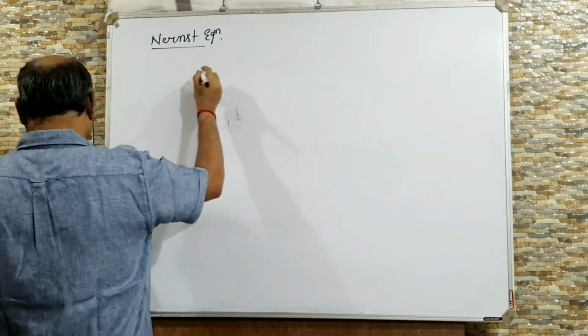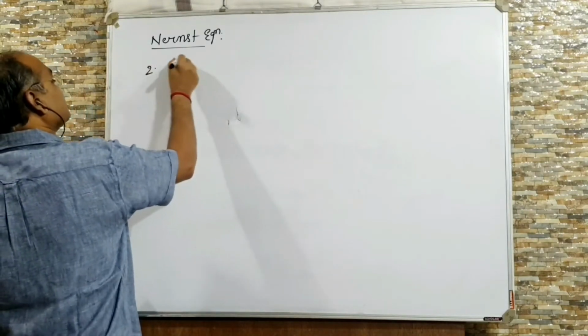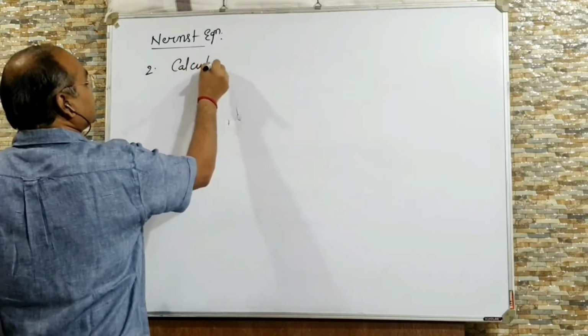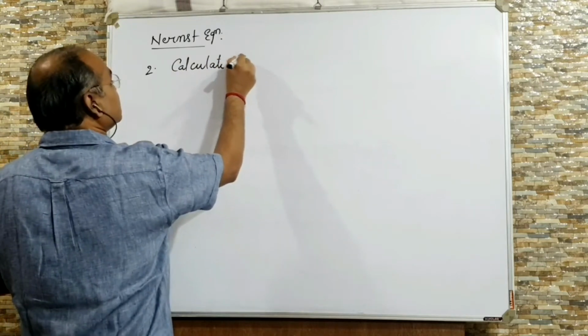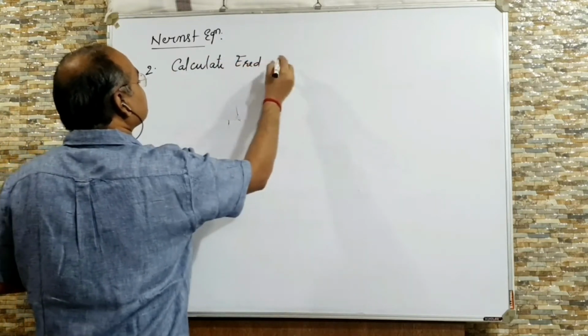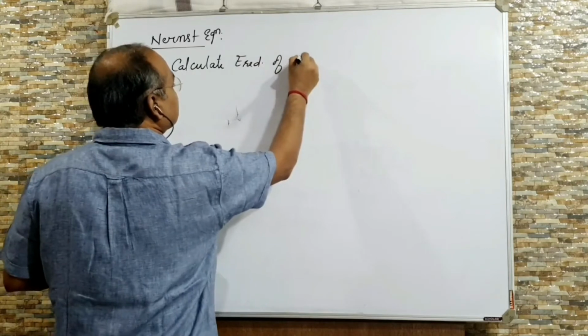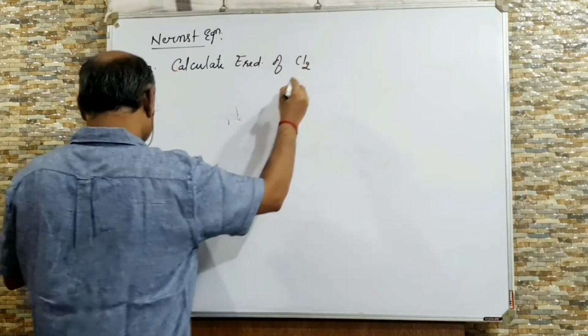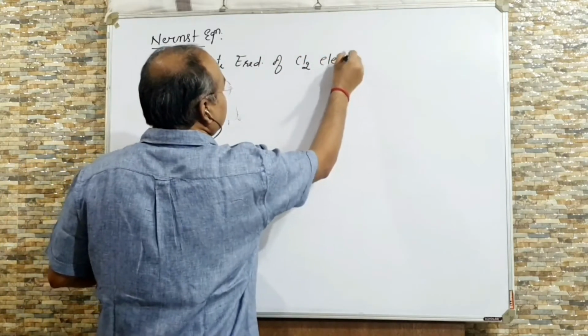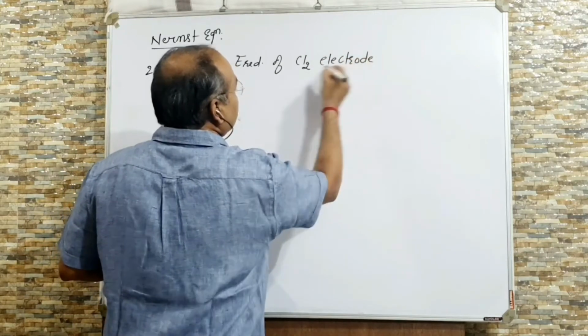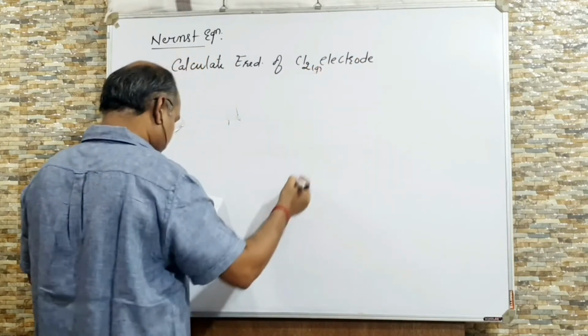E0 reduction of chlorine electrode. Calculate E reduction of Cl2 electrode. You can say chlorine gas electrode.